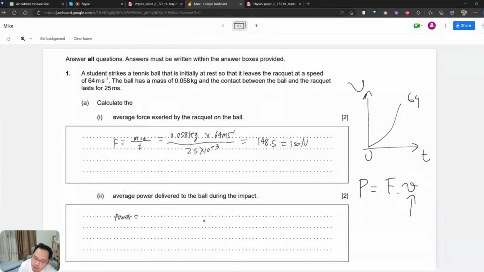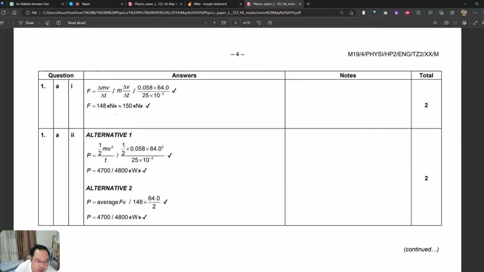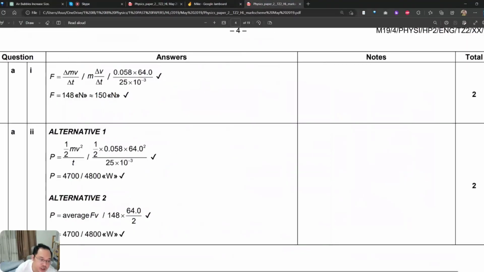There's another way to calculate power, which is energy over time. Energy is the kinetic energy, 1/2 mv squared, divided by time. But I wonder if we need to take the average velocity or the maximum velocity 64 here. Let me check the mark scheme. Yes, they use the energy over time and use the 64. Wow, this should not be called average. This is like the maximum power.